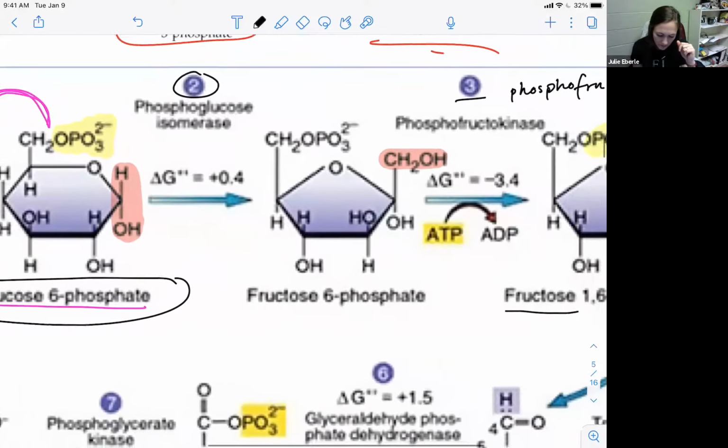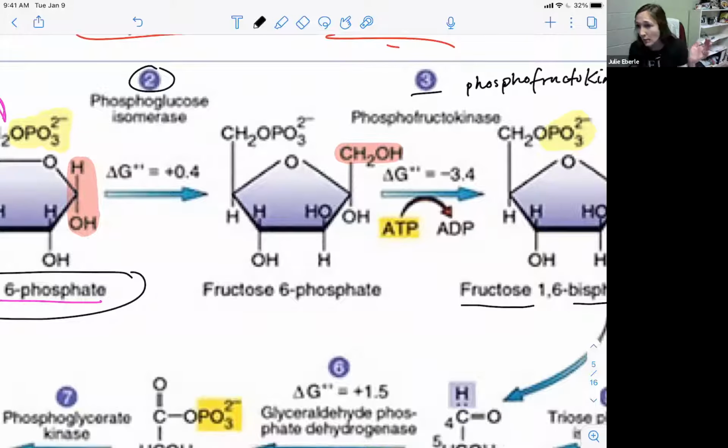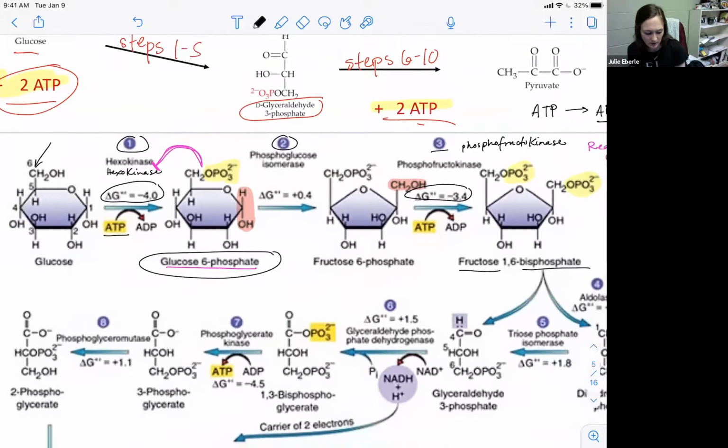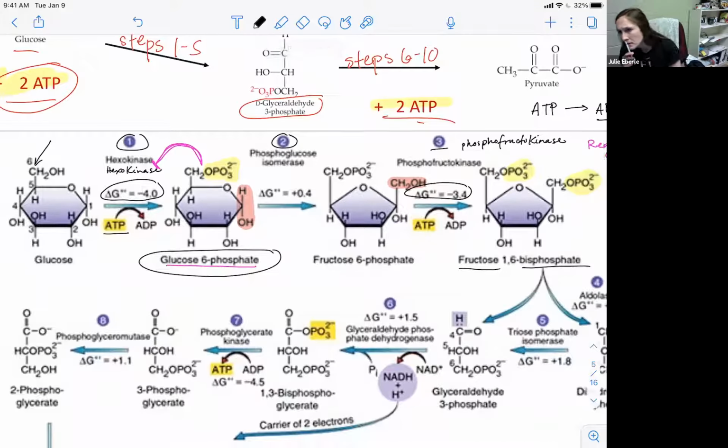Step 3 on its own probably wouldn't happen, but coupled to ATP, the hydrolysis of ATP releases 7.3 kcal of energy, and that's used to run this reaction. We get an excess left over of -3.4 energy released, okay? So it doesn't tell you how many ATP are needed, it just tells you how much excess energy is released when you couple the hydrolysis of ATP to these reactions in glycolysis. Does that make sense? Okay.